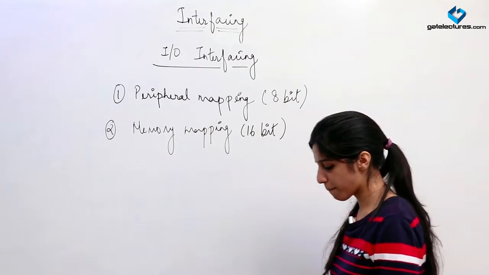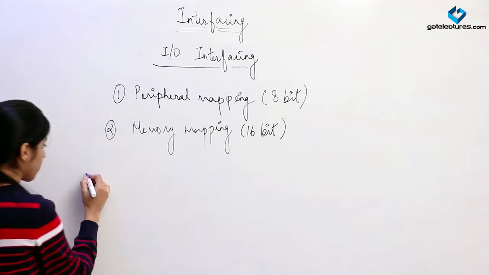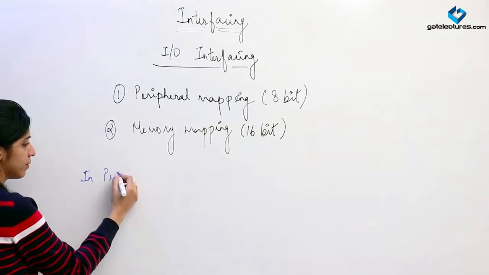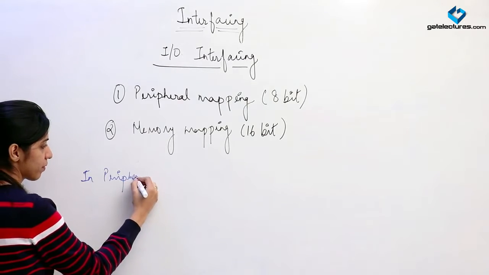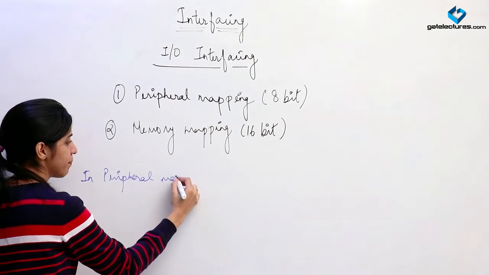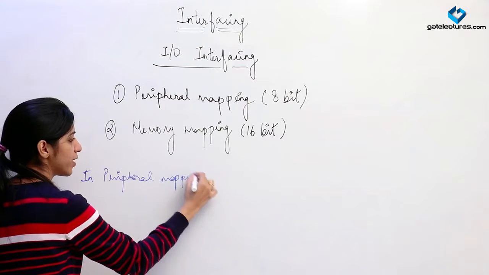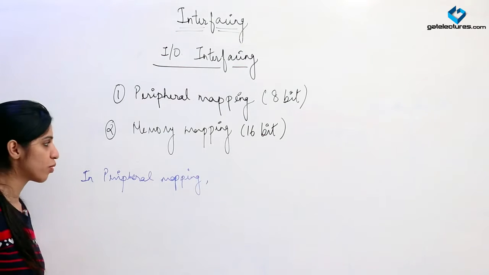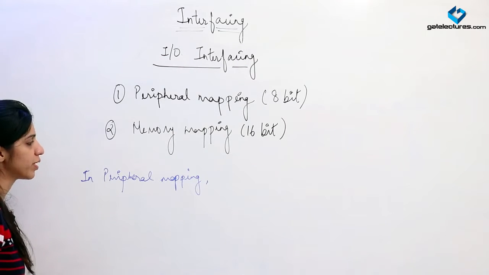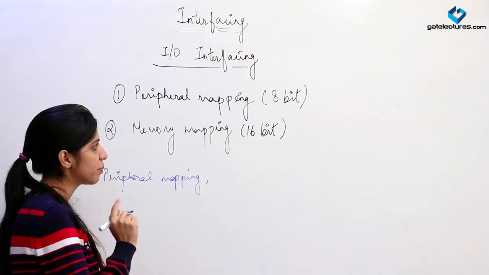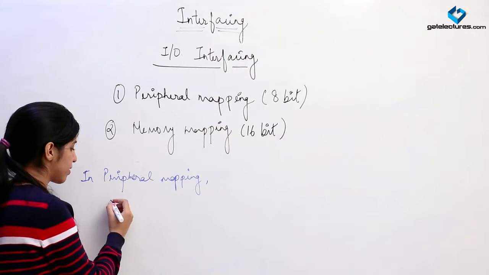So what happens in peripheral mapping is, we are going to connect devices like keyboard, monitor, whatever you are going to connect, and they are going to have 8-bit addresses.